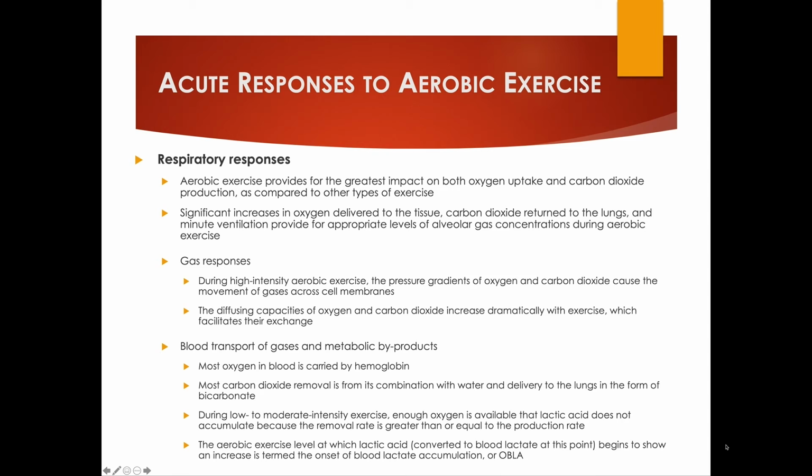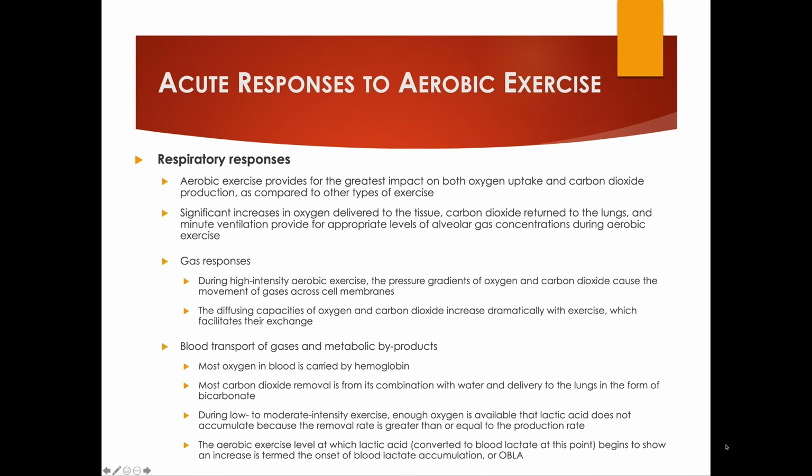It says during high intensity aerobic exercise, the pressure gradient of oxygen and carbon dioxide causes the movement of gases across cell membranes. And remember, everything flows from high to low concentration. Pretty much everything in the body goes across with that rule. And then blood transport: oxygen is for the most part carried by hemoglobin, about 98% carried by hemoglobin.